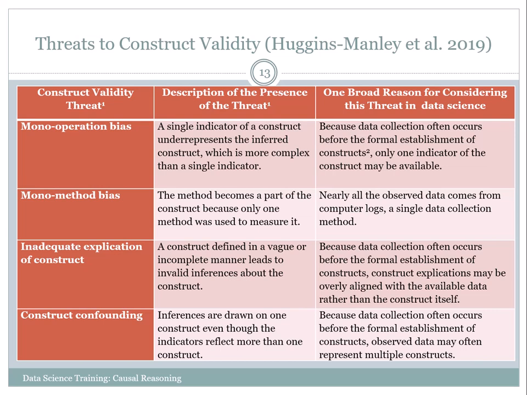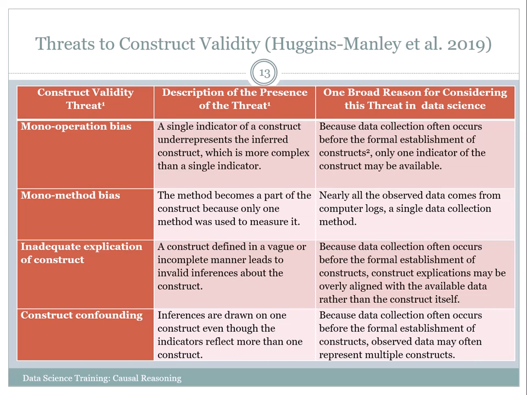Now, mono-method bias is related. It's when you just use a single method. So, for example, if you are only using computer logs to measure a construct, you're using a single method. If you are measuring with computer logs and surveys and observations, then you are reducing mono-method bias because now you have multiple methods.